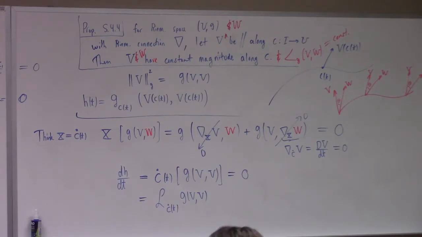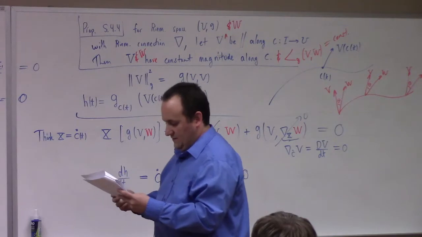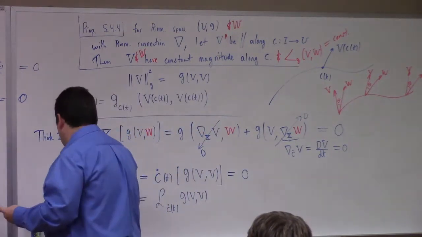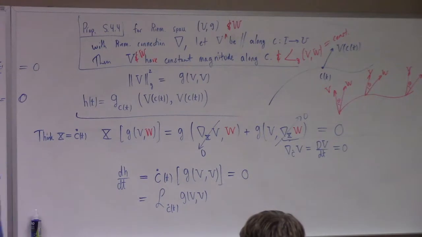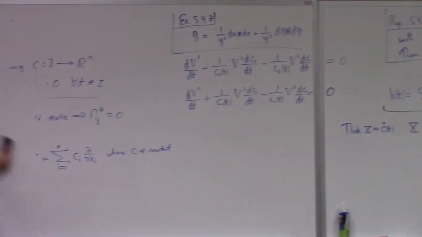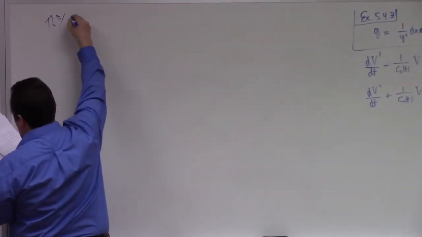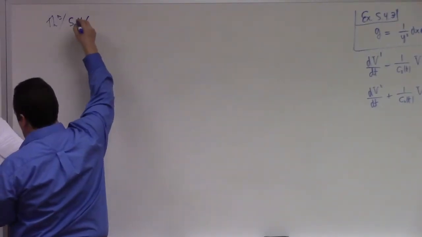And then he does something unpleasant. He does an example. Oh, but before that, he actually tells us the theorem that I should state. Here's the theorem, 5.46.